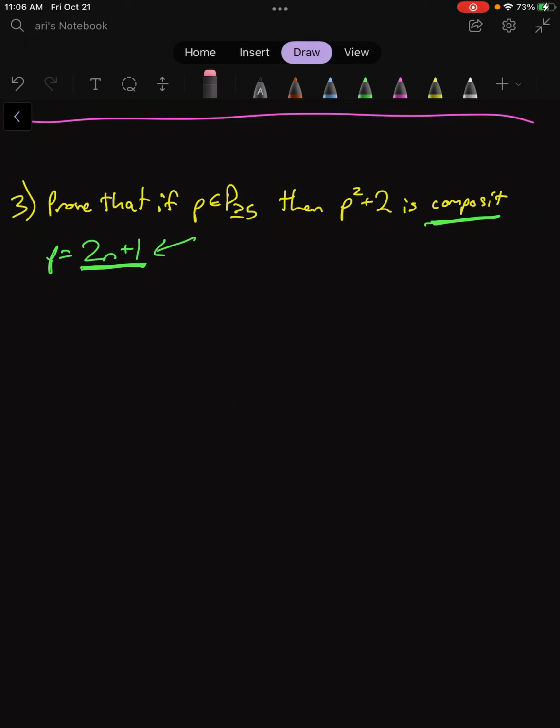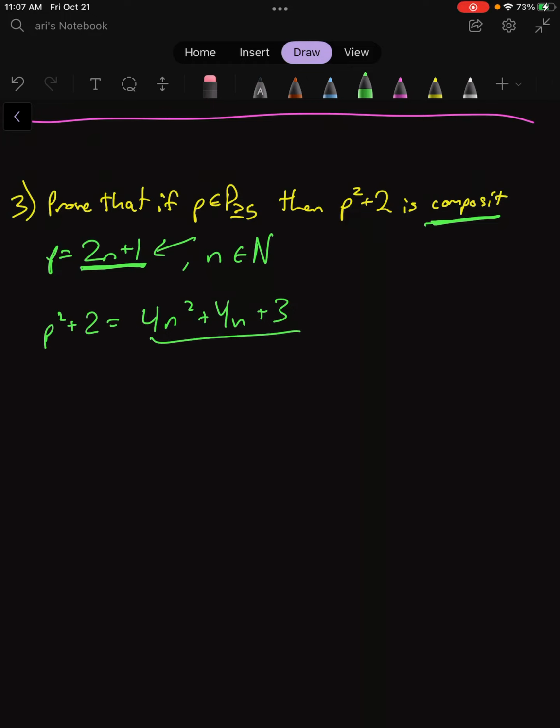So if we take 2n plus 1 squared plus 2, or let's just write it out correctly, p squared plus 2. And let's also specify that n is a natural number, just to make this completely kosher. We get 4n squared plus 4n plus 3. And when I look at that, I want to prove that this is composite, which means I could factor something out.